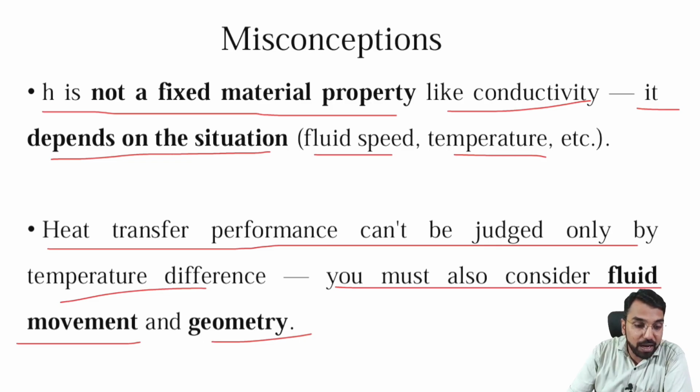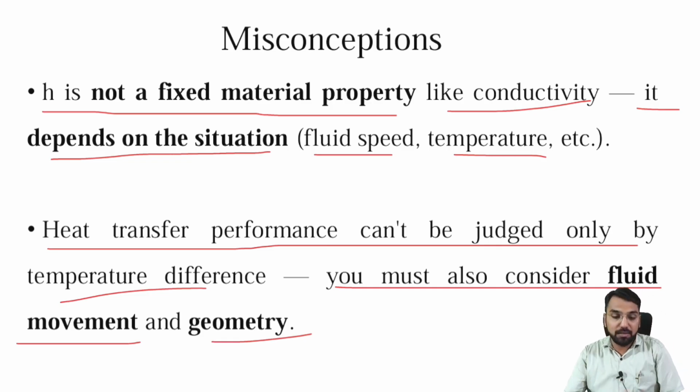For higher values of H, like boiling, phase change effects are involved, which are complex to model. As I said before, boiling is a complex phenomenon, and modeling boiling is difficult, and you are going to see this in detail in your core subject in your third year of engineering.